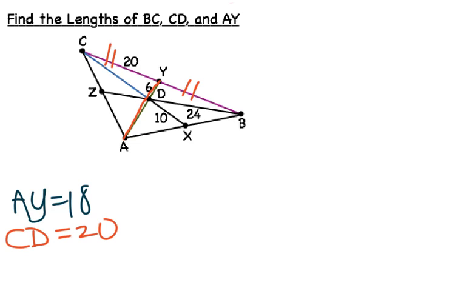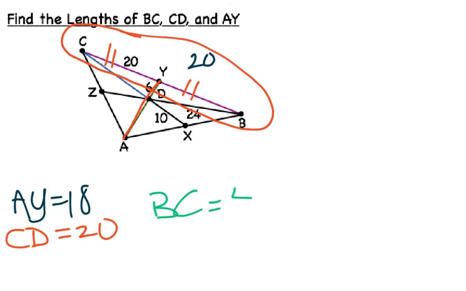And they tell us what one of them is. So if that one's 20, so is this one 20. And if they had asked us for BY, we would be done. But they asked us for BC, which is the whole thing. So we just have to take 20 plus 20 and get 40. So BC is 40. And now we've solved for everything they've asked us for.